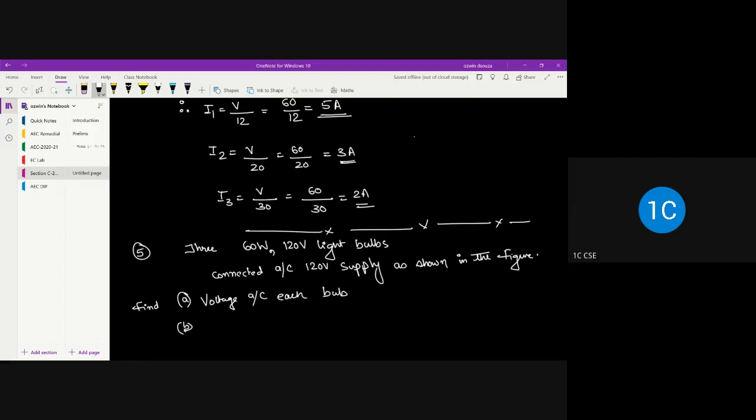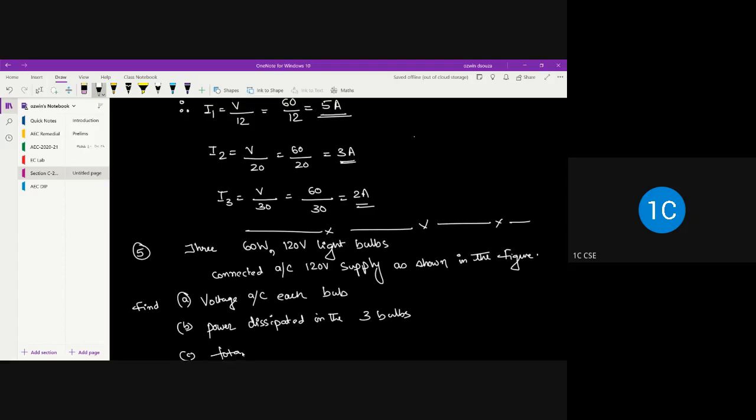Second, the power dissipated in the three bulbs.